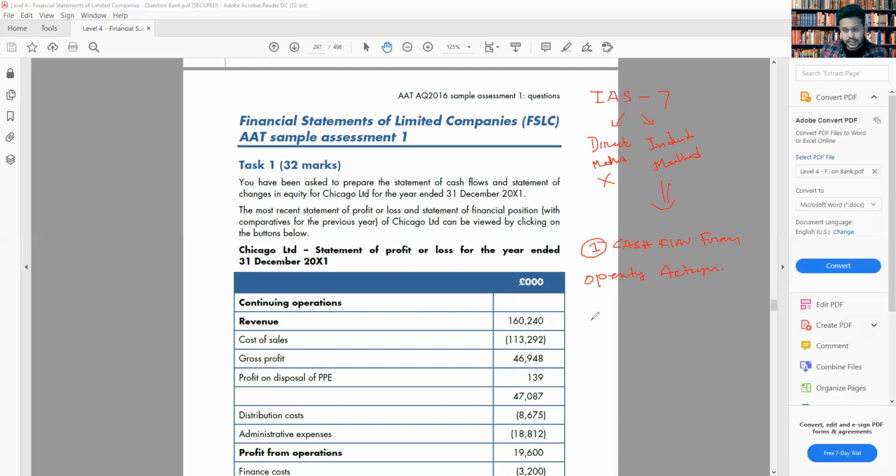The next one we're going to see is cash flow from investing activities. And finally, we're going to see cash flow from financing activities.